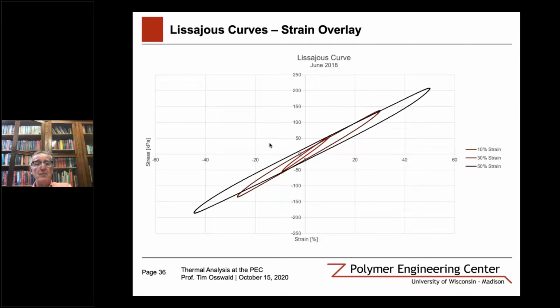A lot of people refer to them as Lissajous curves. And we have the philosophy that the Lissajous curve reflects what the athlete feels with the material. And here, right now, you don't see it as well. I see it. What I see here is that even at 50% deformation, we still have a relatively linear elastic material.